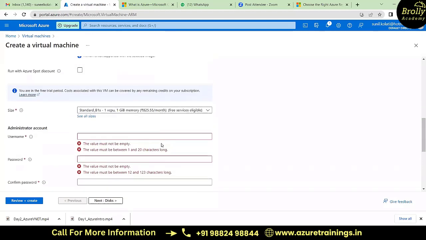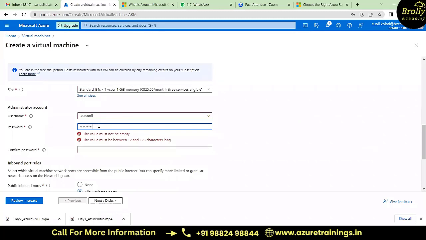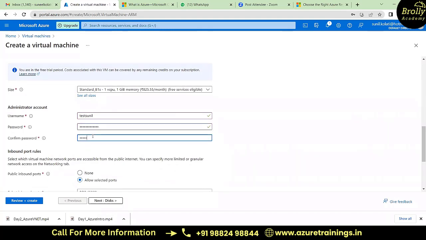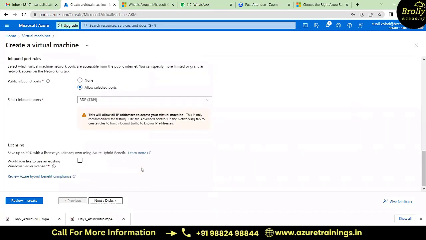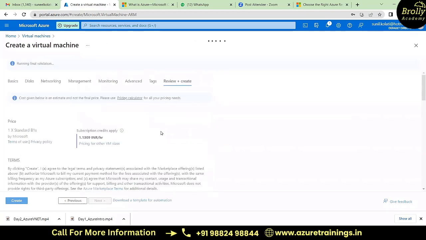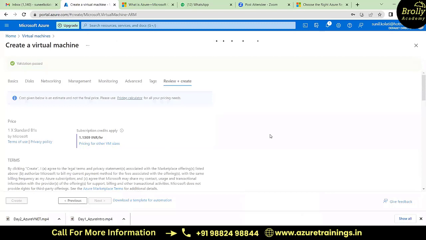I'm not selecting anything like that. So I am using this portal.